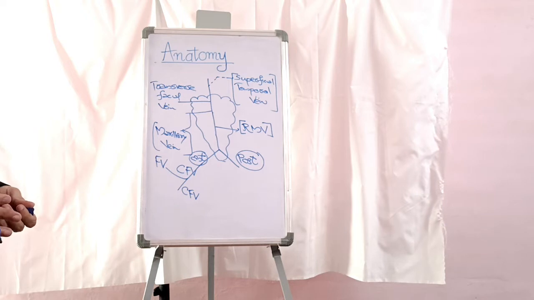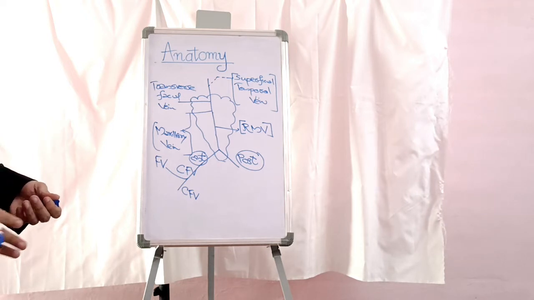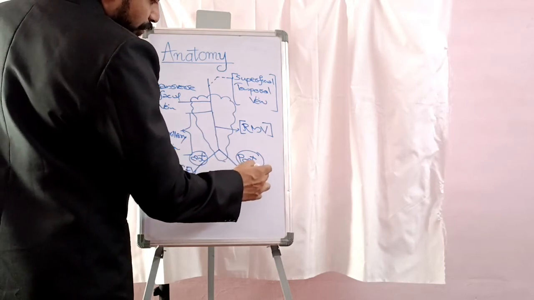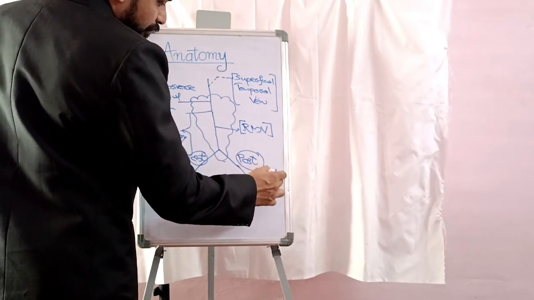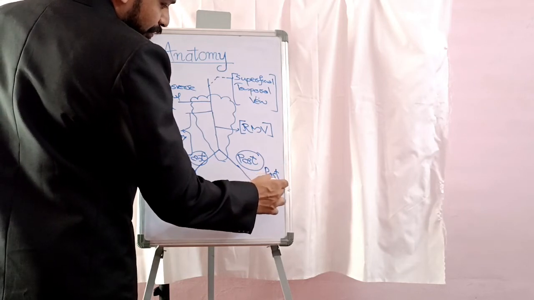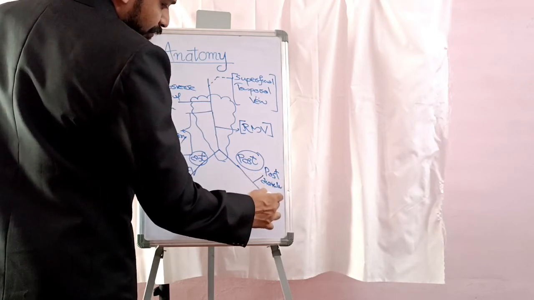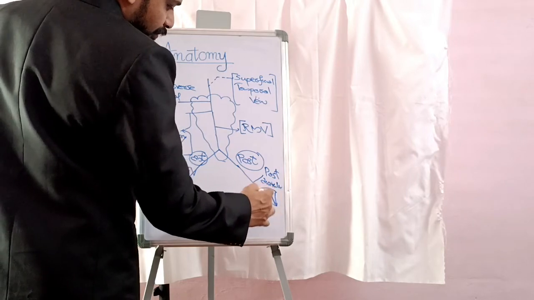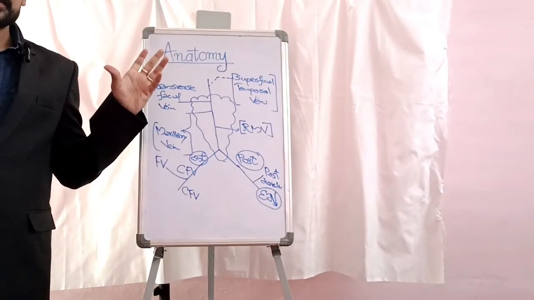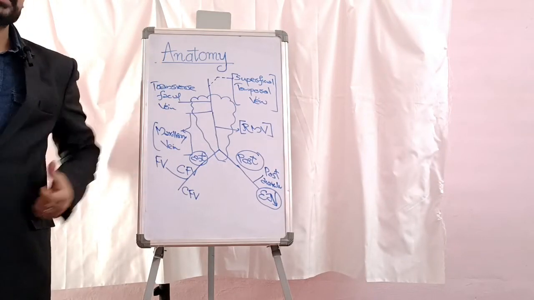From the posterior division, the posterior auricular and external jugular veins are given. So these are the veins within the parotid gland.